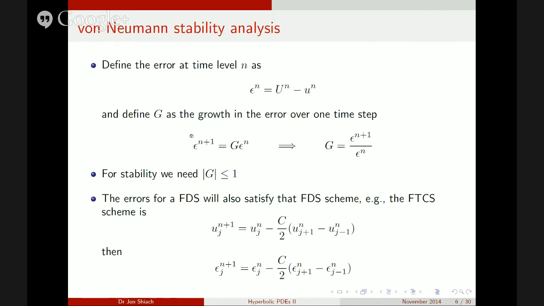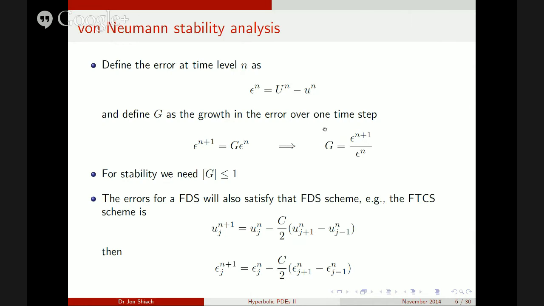What we're going to do is define g as the growth in error. As we march our schemes through time, we don't want the errors to grow. There are going to be errors because we're only approximating, but we don't want them to grow exponentially. So I can say the error at the next time step is equal to some number, g, multiplied by the error at the current time step.